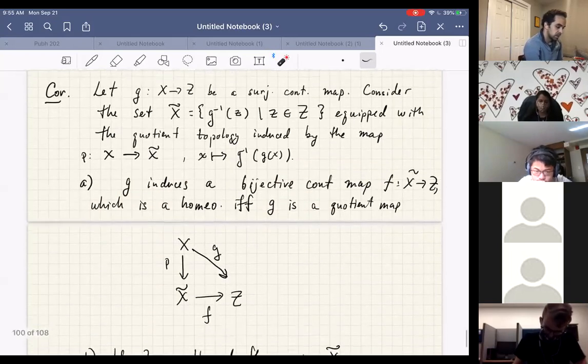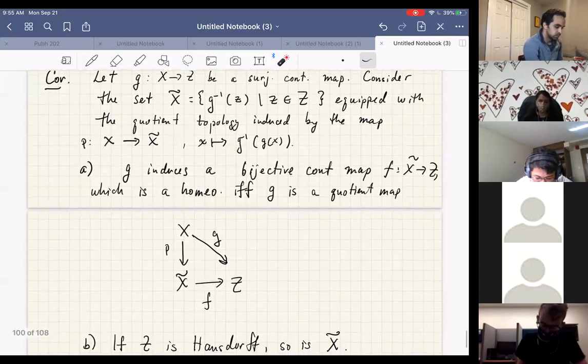So we have that G induces a bijective continuous map F from X tilde to Z, which is a homeomorphism if and only if G is a quotient map.